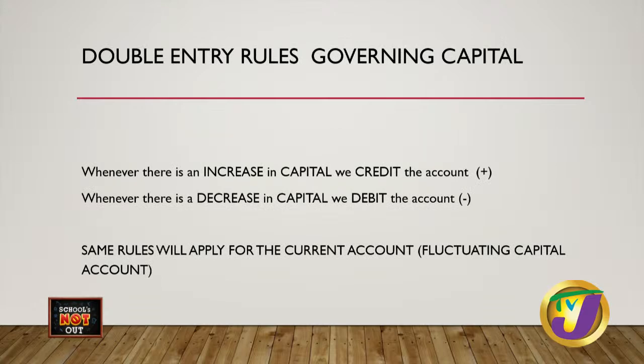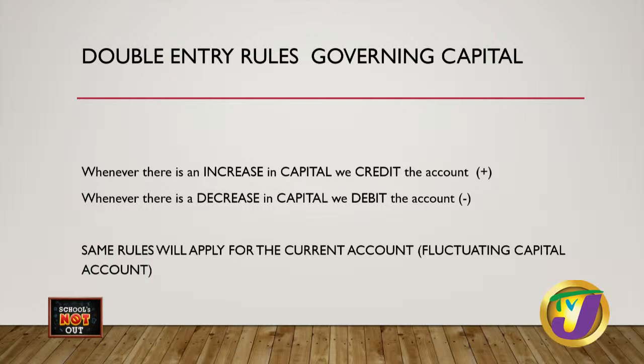Now, before we look at the current account, work with me. Initially, I told you that the current account is a fluctuating capital account. You remember that? The current account is a fluctuating capital account, showing changes to the partner's initial capital figure, or what we would call his or her fixed capital.